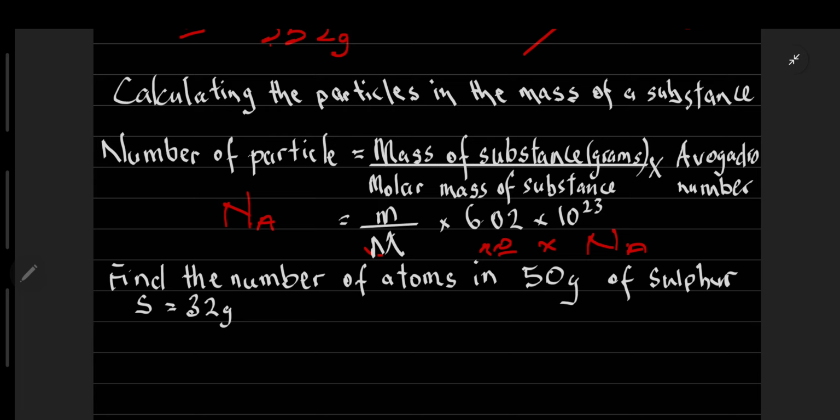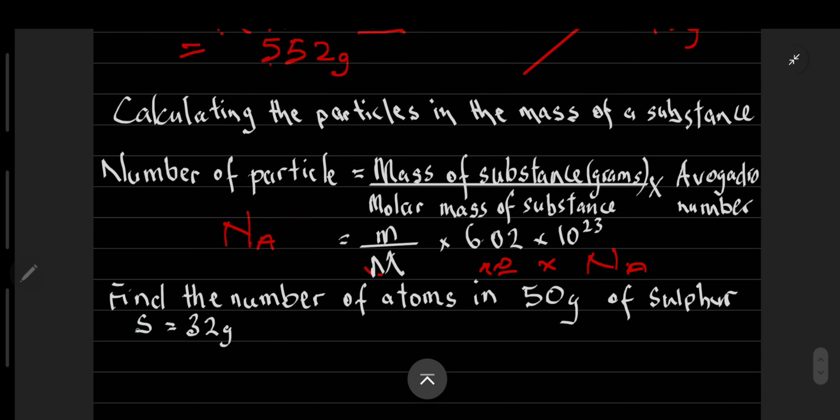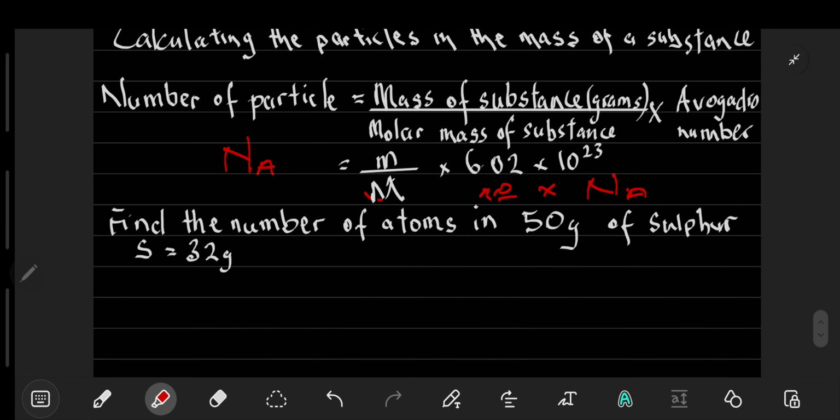So in working for this, the number of particles would be equal to mass over the molar mass times 6.02 times 10 raised to the power 23.